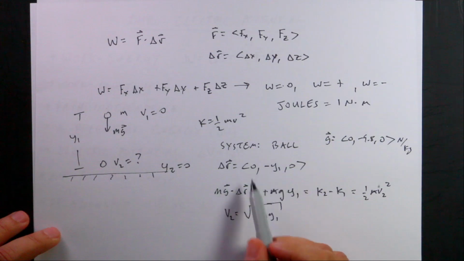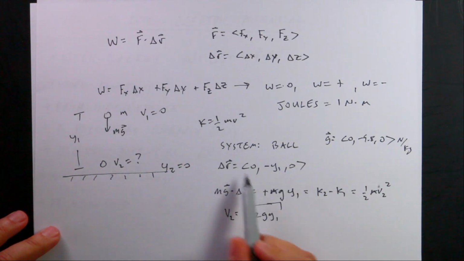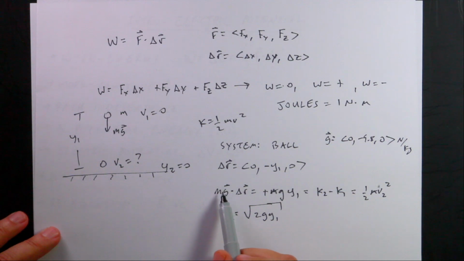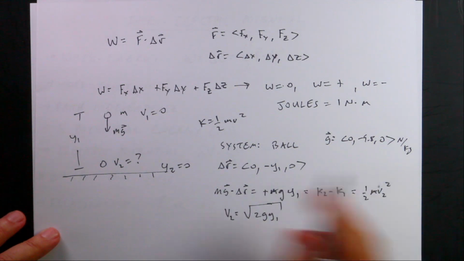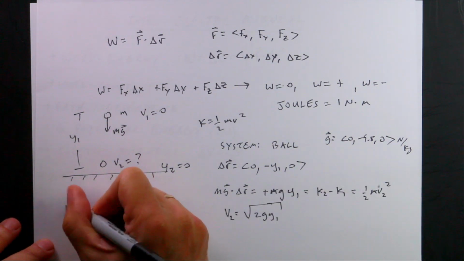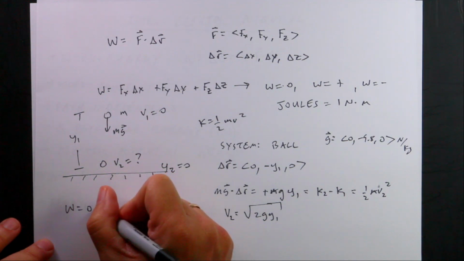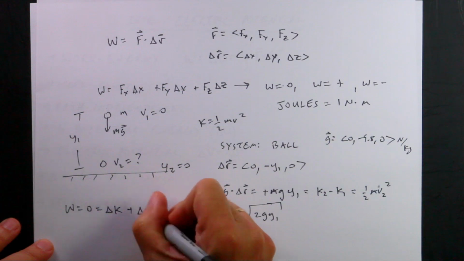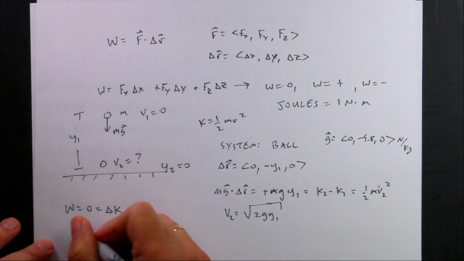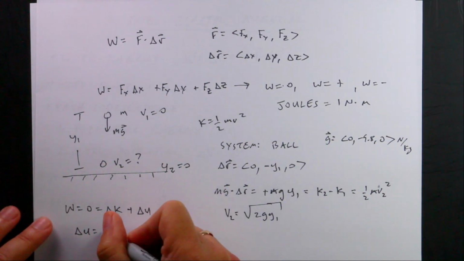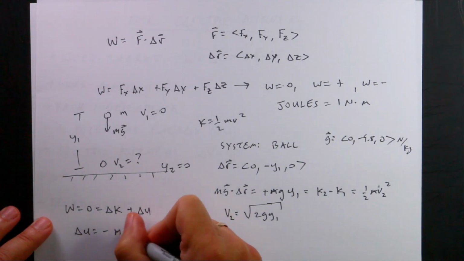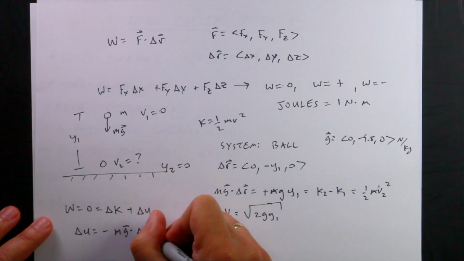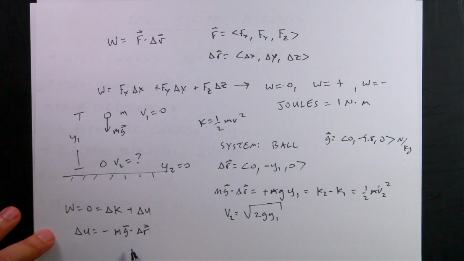But it turns out that since the work done by the gravitational force does not depend on path, I can actually move that to the other side of the equation. So I can say work equals 0 equals delta K plus delta U, where delta U is equal to negative mg dot delta R. It's the negative of the work done by gravity.